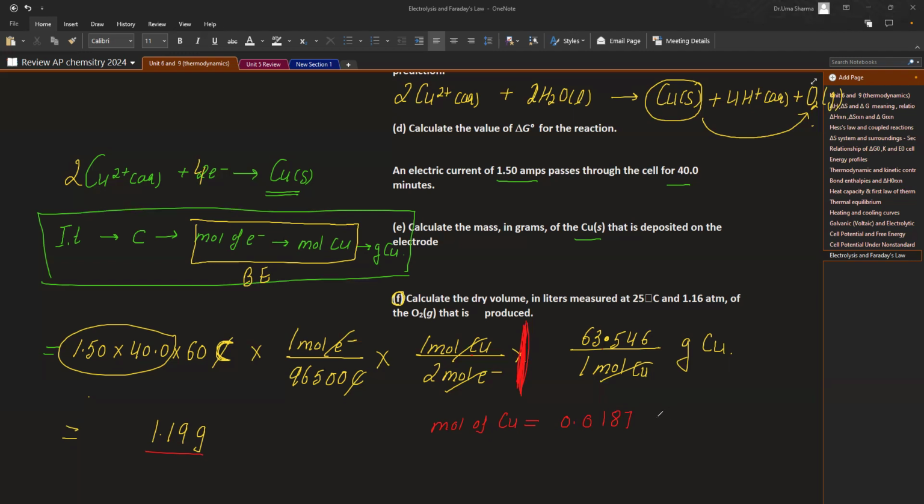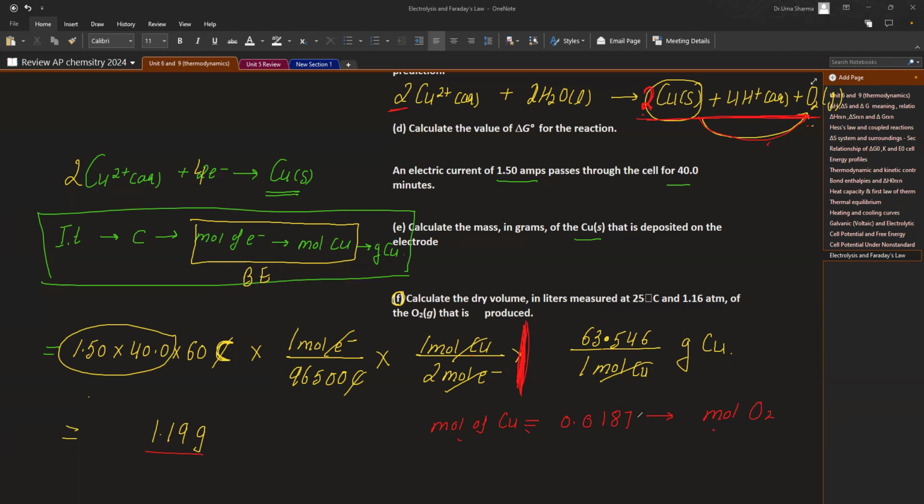I'll convert these moles of copper to moles of oxygen by using this ratio. 1:1? No, this was 2. You know, 2 here, 2 here. So what is the ratio? 2:1. So convert these moles of copper to moles of oxygen gas. Mole to mole, look at the balanced equation.